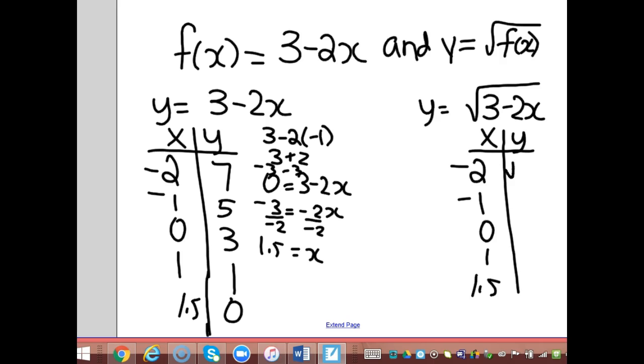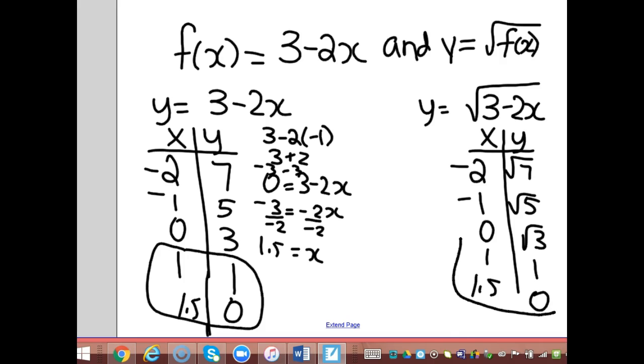So it would just be root 7. So all our y points are just going to be the root of our original ones. So this will be root 5, root 3, and the root of 1 is 1, and the root of 0 is 0. Okay, and you'll notice these points stay the same on both of the graphs.